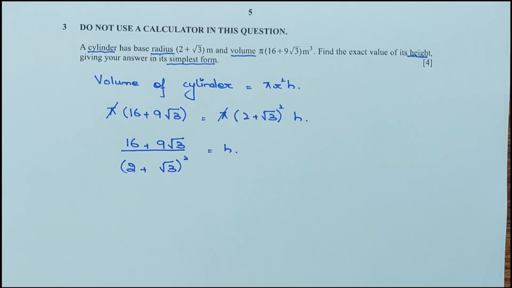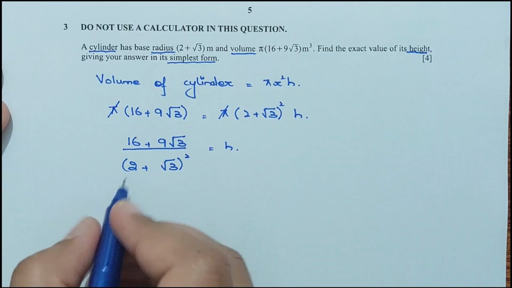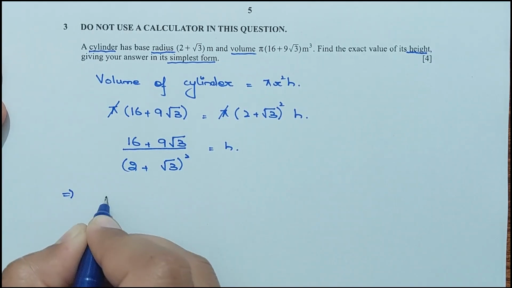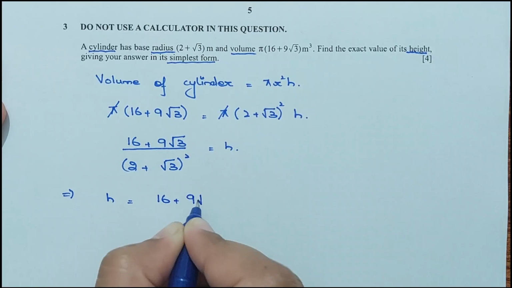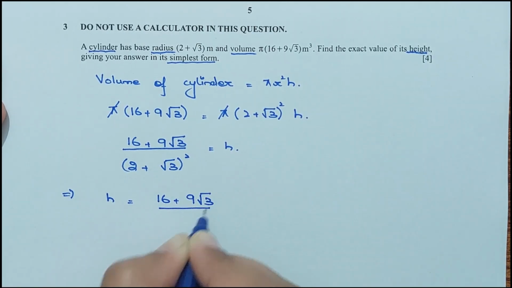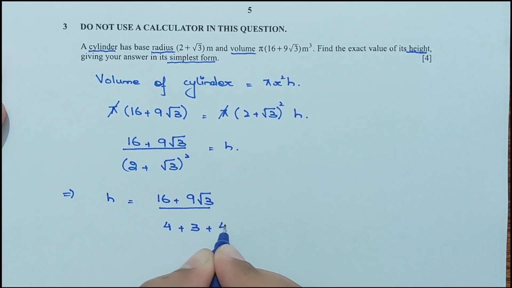Now let me simplify it. Let me open the square in the denominator. So h equals (16 plus 9 root 3) over 2 squared, which is 4, root 3 squared, which is 3, plus 2ab, so 4 root 3, using (a plus b) whole squared.